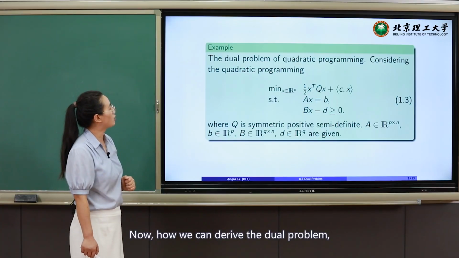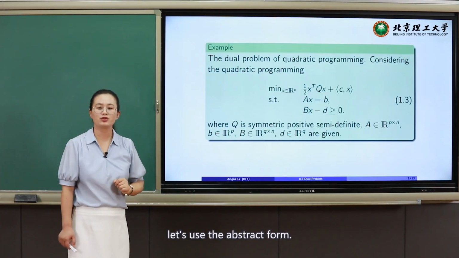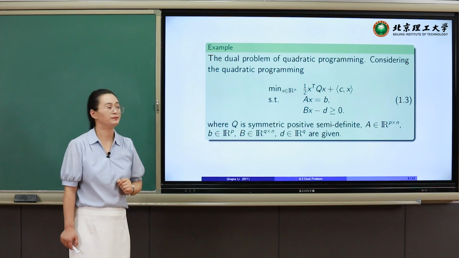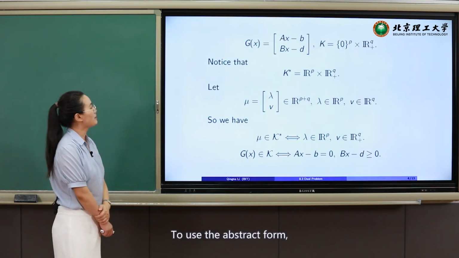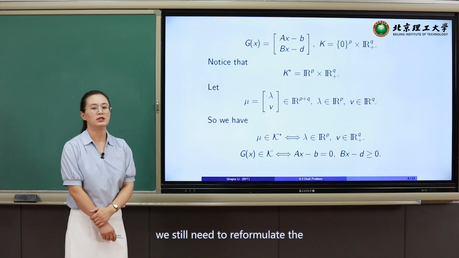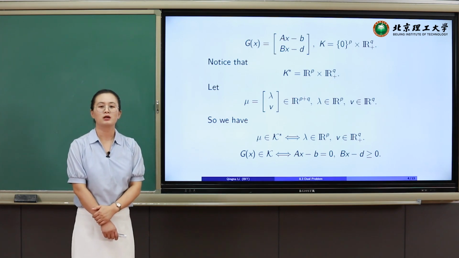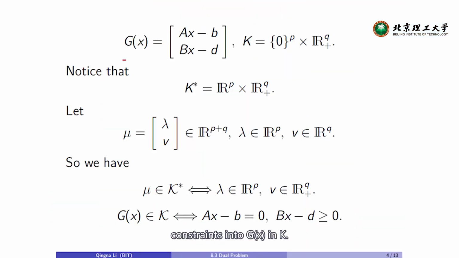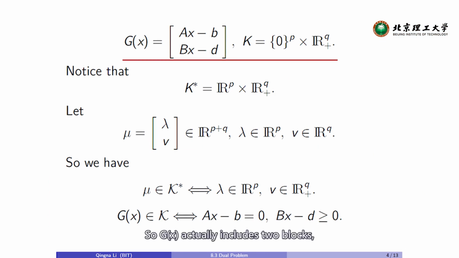Now, how can we derive the dual problem? Let's use the abstract form. To use the abstract form, we still need to reformulate the constraints into g(x) in K. So g(x) includes two blocks, the equality block and also the inequality block Bx minus d.